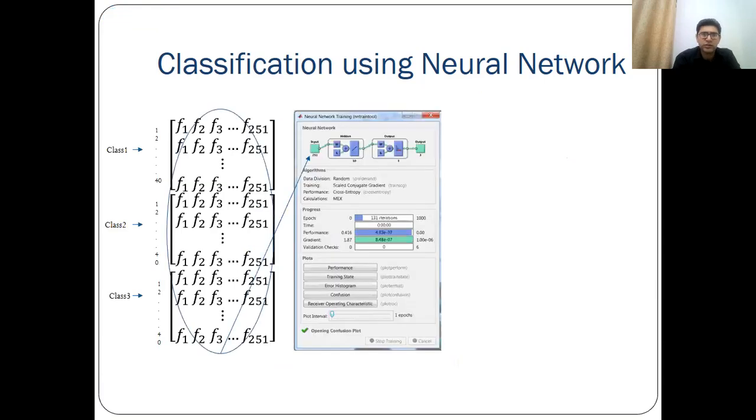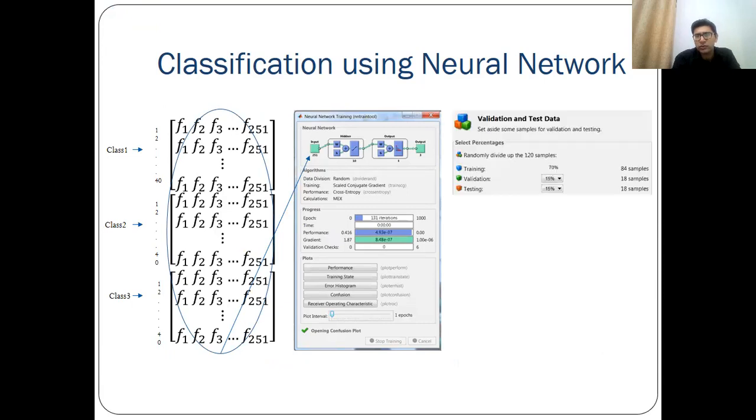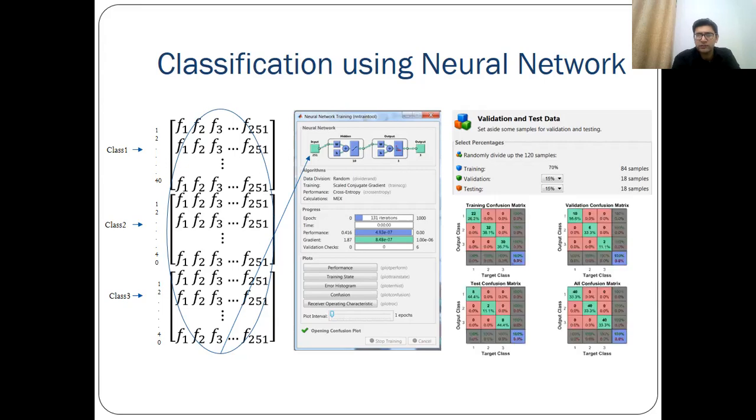So here you can see we have data for each class, and we have 40 measurements for each class, and then we pass the data to the neural network. And then we have 10 hidden layers and 3 output layers, because we have 3 classes, so that's why we have 3 output layers. On the right side, you can see the training data is 70%, the validation is 15%, and the testing is 15%, which is 84 samples for training, 18 for testing, and 18 for validation.